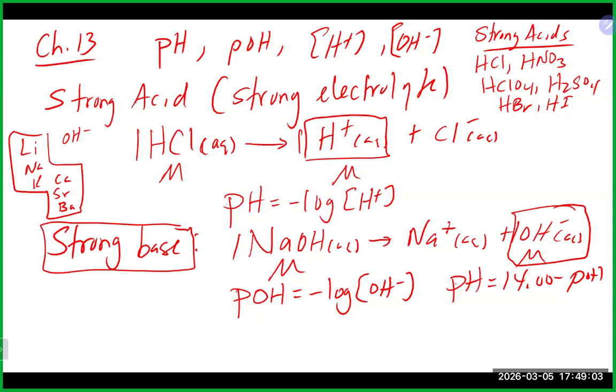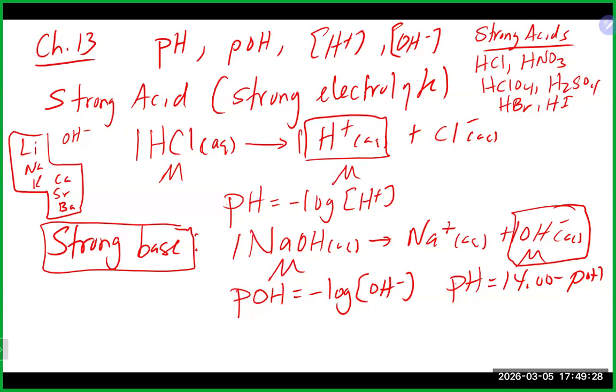Technically, the KW that we saw earlier on, which is the equilibrium constant for water, that value of 1 times 10 to the minus 14 is specific for technically 25 degrees. And if it happens not to be 25 degrees, you may actually see a different value used there. But probably 99.9% of the time, that KW value, you're going to use it as that 1 times 10 to the minus 14. Other questions?